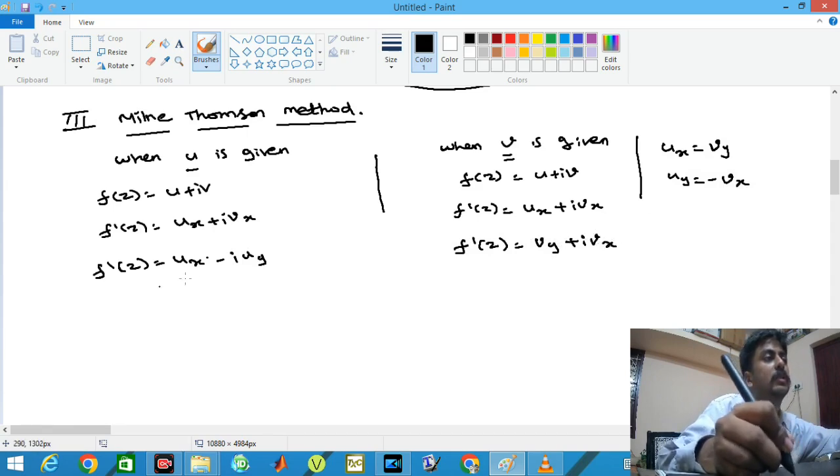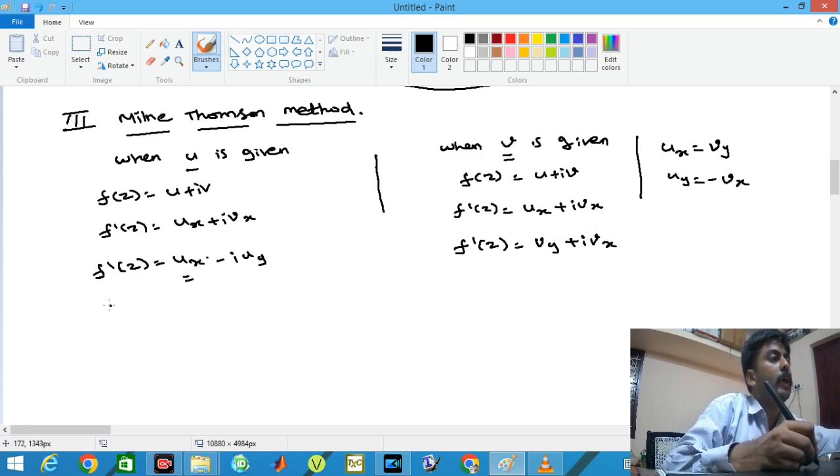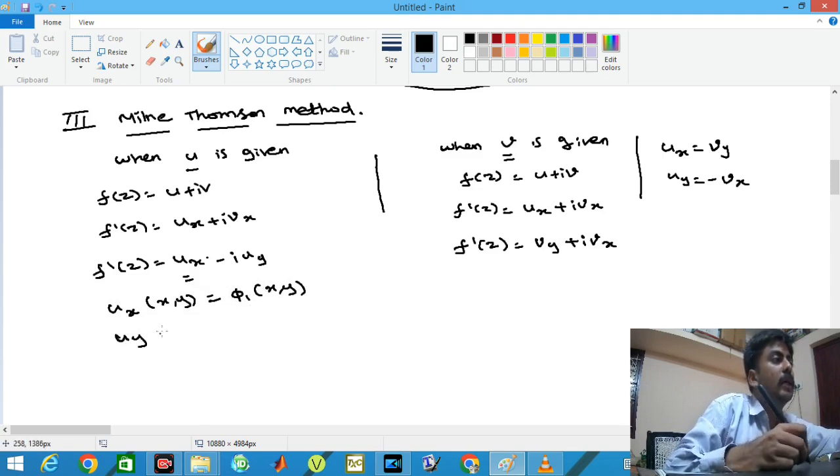Now you have to know one thing, this ux is a function of x comma y, and we write it as phi 1 of x comma y when u is given, and uy of x comma y is nothing but phi 2 of x comma y.